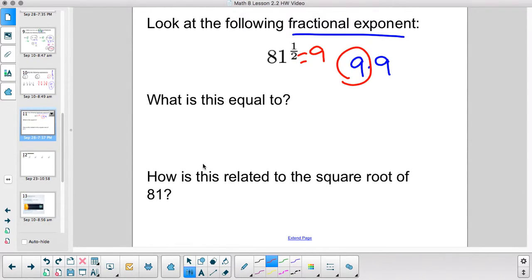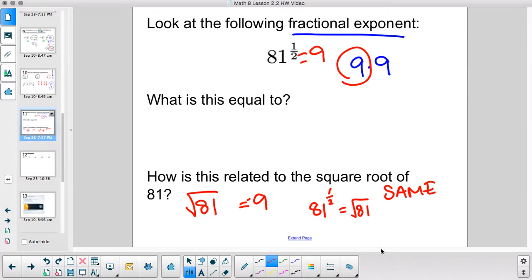And I hope you realize how that's related to the square root of 81. And that in fact means that they were the same. So actually, 81 to the power of 1/2 is the same thing as the square root of 81. It's just a different way to write it.